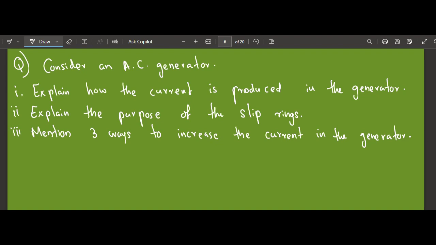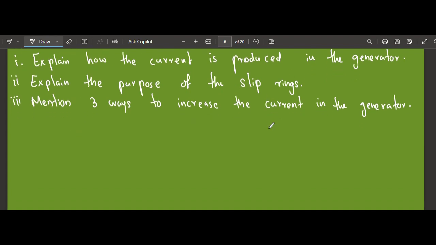So you can mention two sides of the coil. Normally this will be given with a figure if it is coming. Two sides of the coil cut the field lines as it rotates.